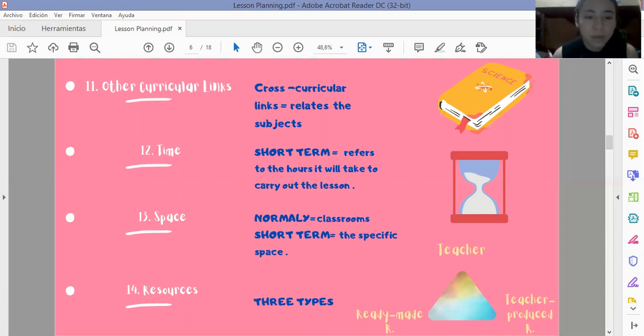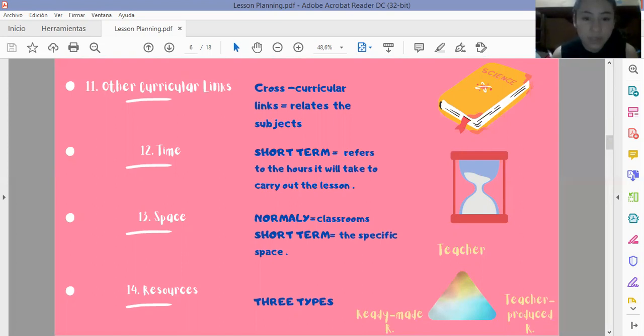Let's not finish yet, but continue with the 14th component of a perfect plan, which is resources. Here I want to explain that there are 3 types of resources according to the book. As you can see in the triangle on the right side of the screen, the teacher is in the first place.